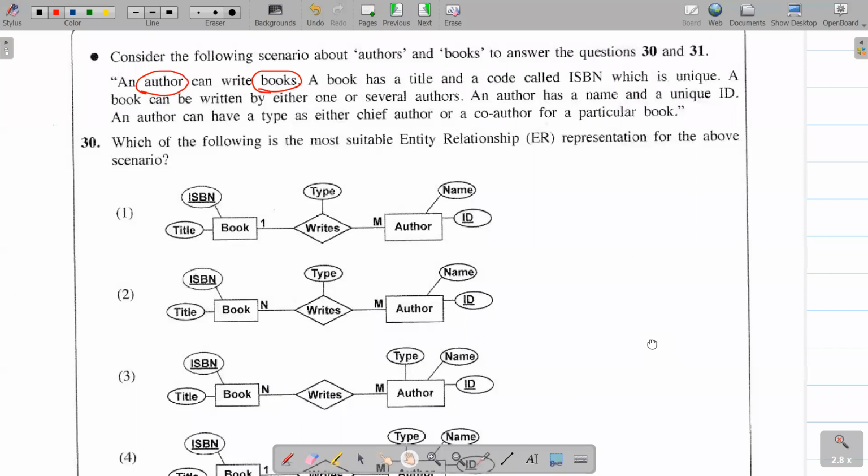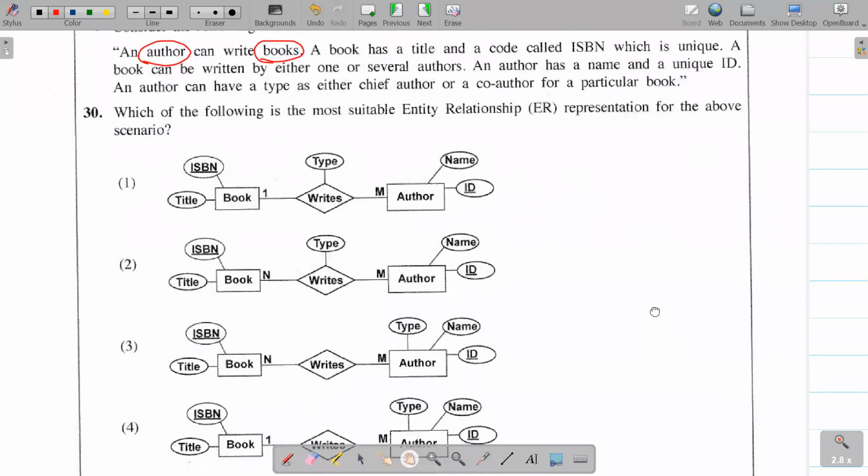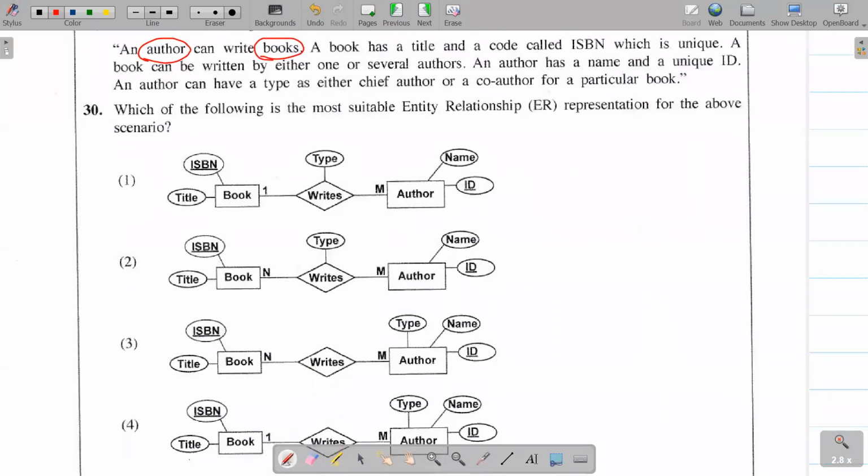A book can be written by either one or several authors. Now that's the tackling point. That means from book to author, one book can be written by many authors.